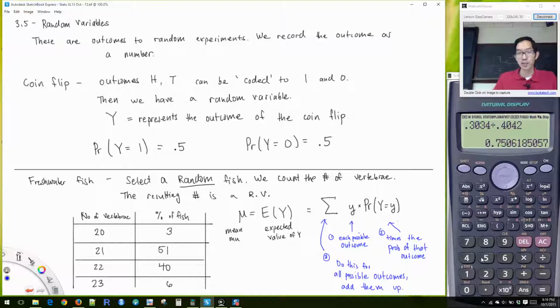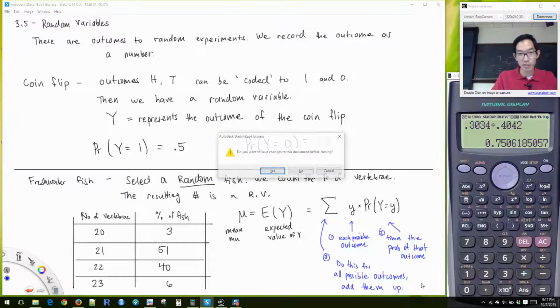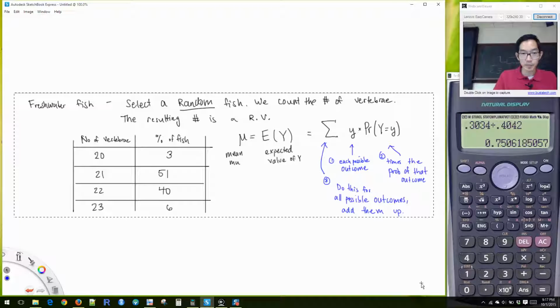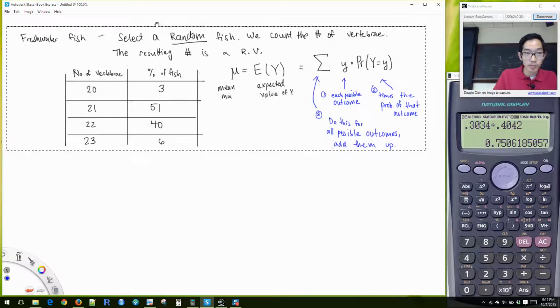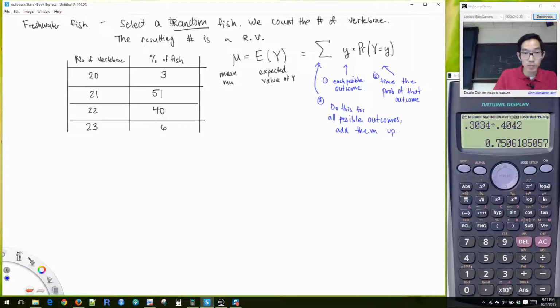Okay, so let's try this out. I'm going to just copy this lower half here. You don't have to, but I've run out of space on my screen. So let's try this.